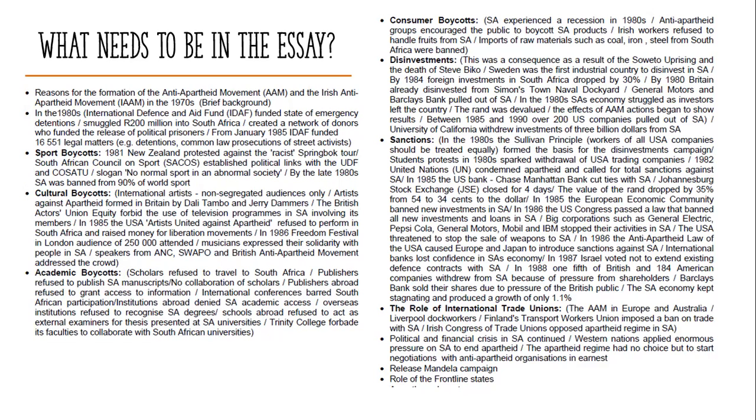Sanctions, Sullivan Principle, which says that you cannot work with a country that doesn't treat everyone equally, which means that a lot of companies actually are legally not allowed to work with South Africa. United Nations call for sanctions against South Africa.